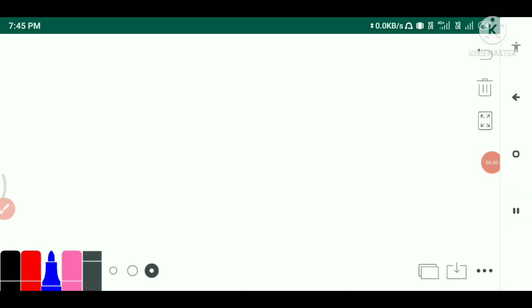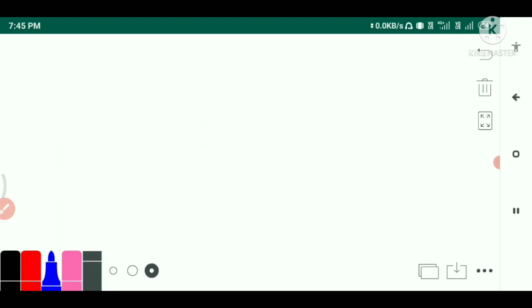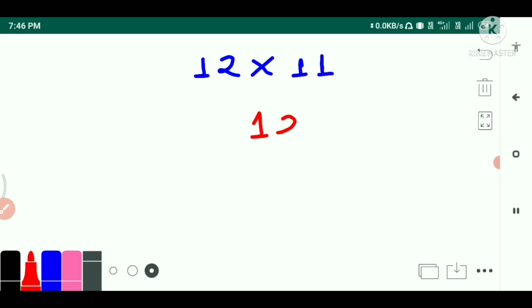Now my dear students, I will teach you how we can multiply any 2-digit number without regrouping. For example, 12 multiplied by 11. These two numbers we need to multiply. First of all we'll write it like this, 12 multiplied by 11.